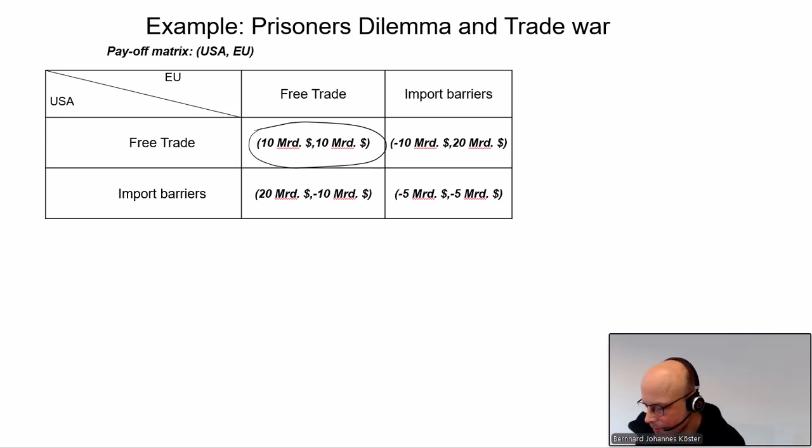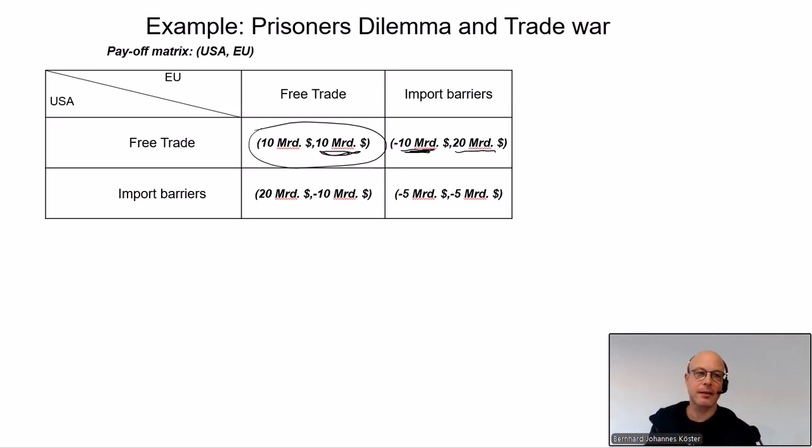Because then, compared to the free trade situation, I can sell my products to the other country, and additionally, I have the income from the tariffs. But on the other hand, of course, the other country is worse off because the other market is somehow closed.